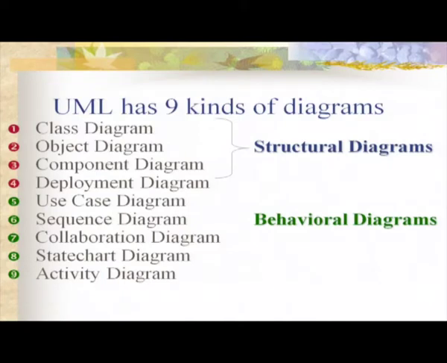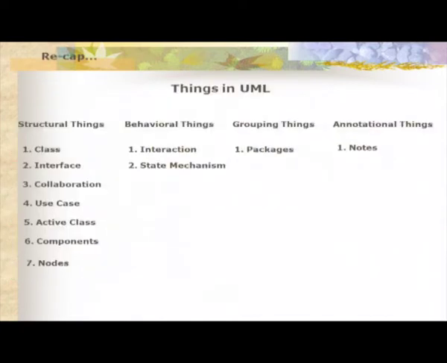UML has this many diagrams, of which 1, 2, 3, 4 are structural diagrams. The structural things are nicely seen, they dominate the 1, 2, 3, 4 diagrams. The behavioral things dominate 5, 6, 7, 8, 9. Structural things and behavioral things are not many.